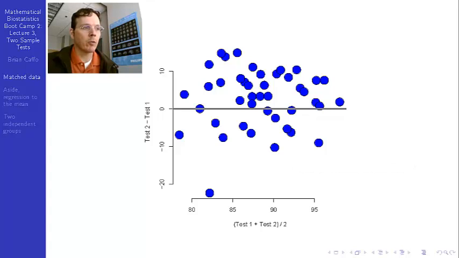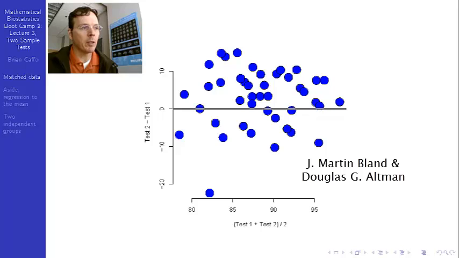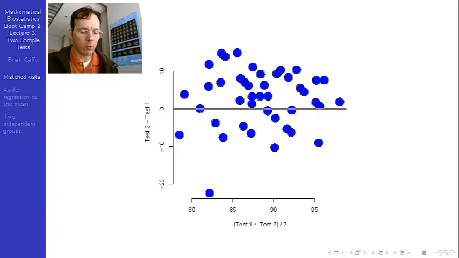Tukey was the person who came up with the mean difference plot. There's also a very famous paper on retest reliability by Bland and Altman, where they promote mean difference plots and show how to do some inference associated with them, so these plots are quite well known.